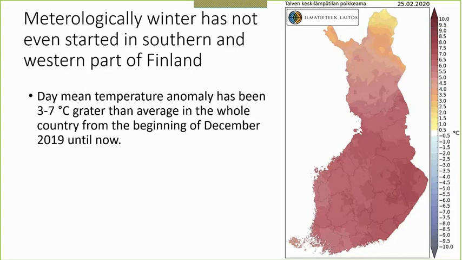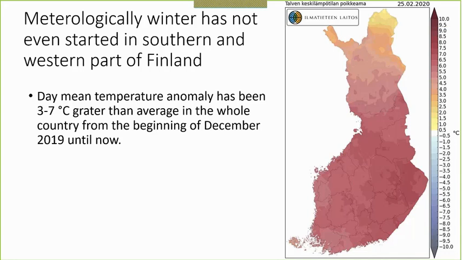But at the moment, we are living really exciting moments because now we are having at least a 5-day period where we might have daily mean temperatures under 0 degrees here in southern parts. So it might happen that we actually have winter starting, but then again, the springtime is approaching and March is beginning. So it's really the final moments to have winter starting.